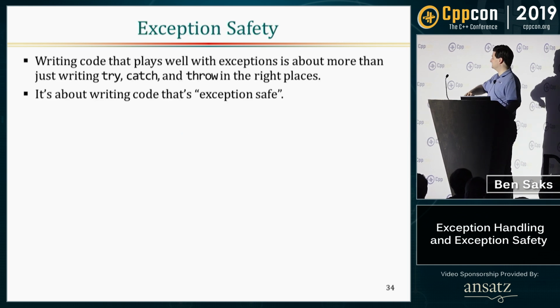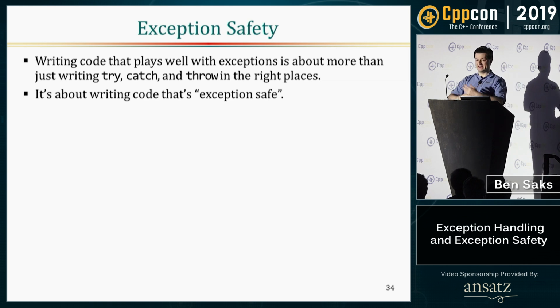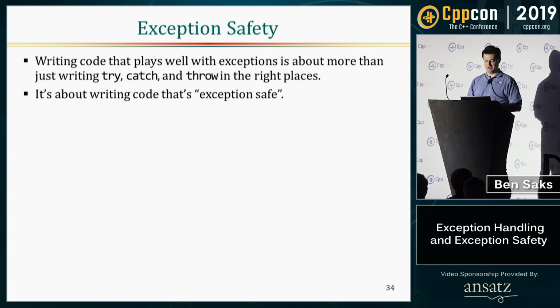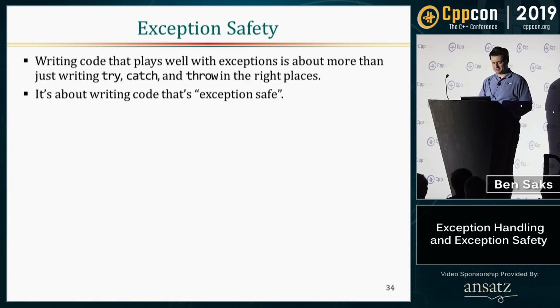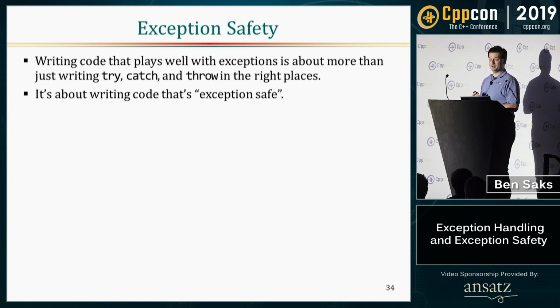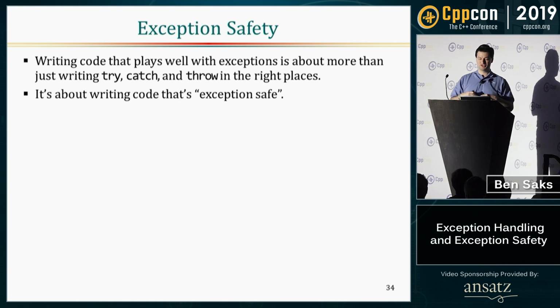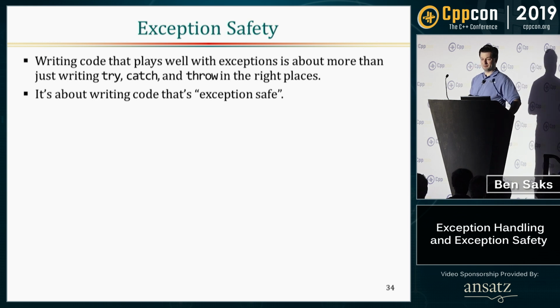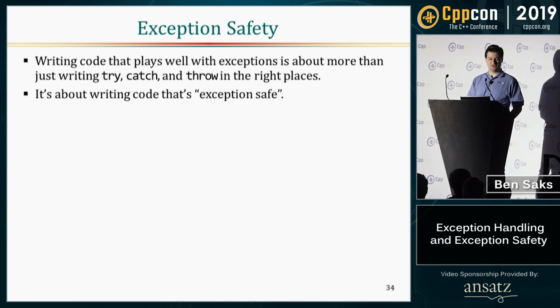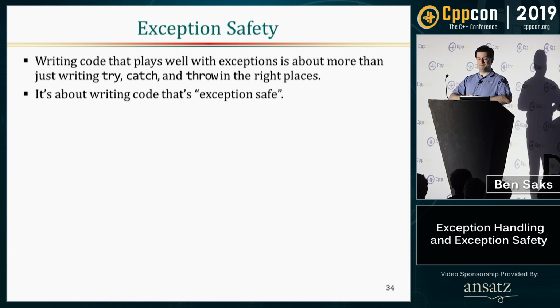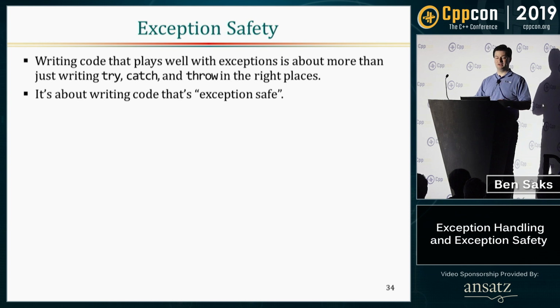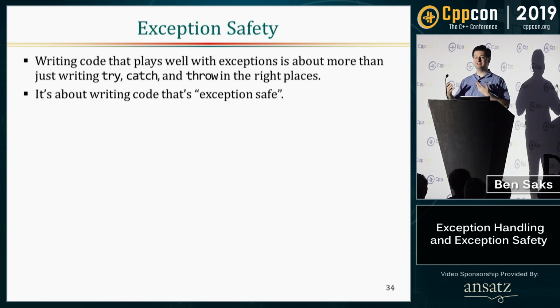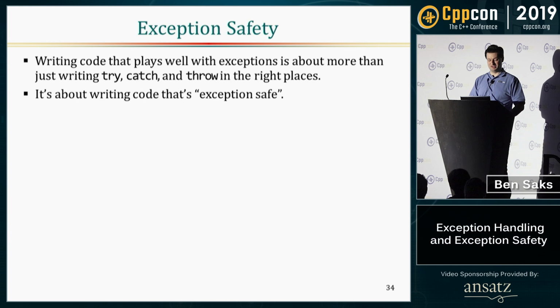So that covers the mechanics of how you actually throw and catch exceptions. But it turns out that writing code that works really well in the presence of exceptions is often not so much about writing those three keywords, but rather setting your code up in such a way that it doesn't need to know whether an exception is being thrown or not, but it will respond appropriately whether or not an exception is thrown.